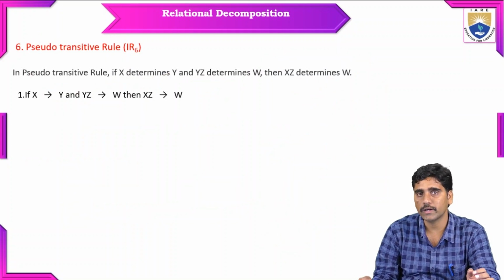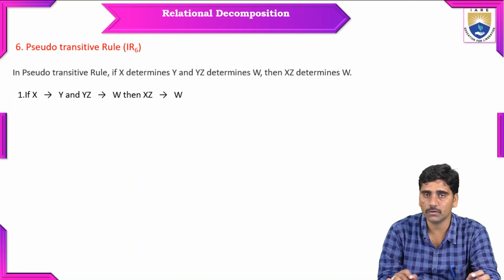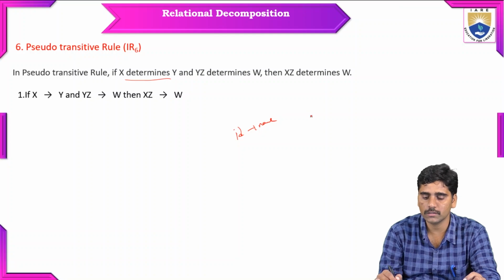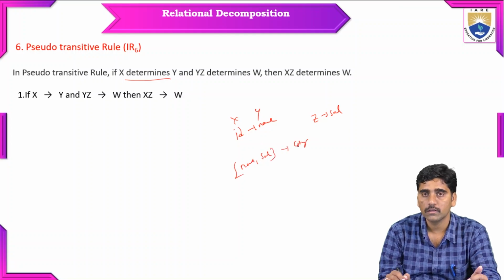And the last one, the pseudo transitive rule. If x determines y, that means id determines name, and z is salary, then id determines y. Next, yz determines w, so name comma salary determines employee city.